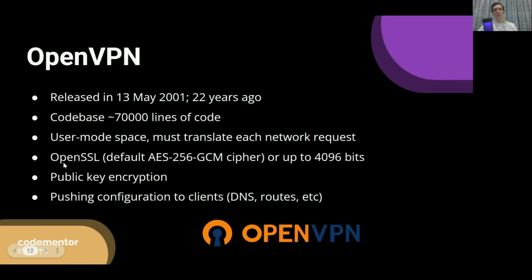OpenVPN uses OpenSSL as a default. It's an open source implementation of the SSL protocol, and it uses 256 bits key length. So encryption is great, and if you want even greater encryption, you can set it up for 4 kilobits, right? It's a huge key, and it's hacker proof until quantum computers become that powerful.